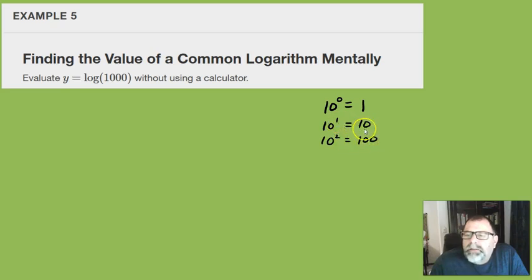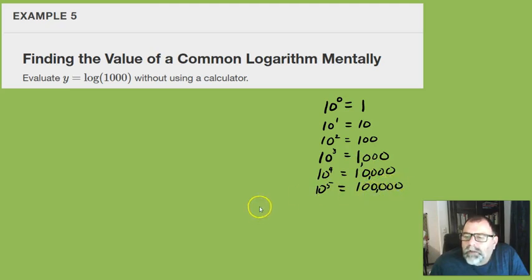If it's 10 to some power, like 10 to the third, you write the 1, and the power tells you the number of zeros. So 10 to the fourth is 4 zeros, so that's 10,000. 10 to the fifth, there would be 5 zeros, so that's 100,000.